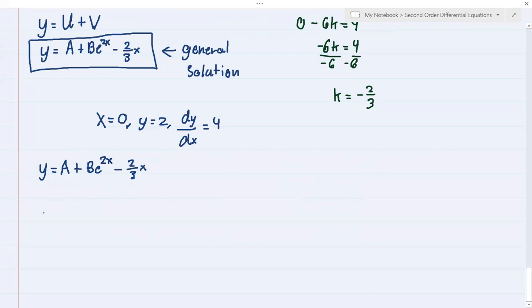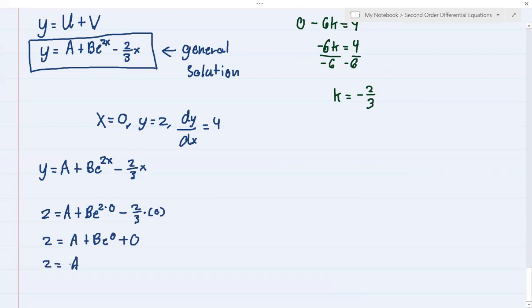So your y is equal to 2, so that's 2, is equal to a plus b times e raised to 2 times x, since your x is equal to 0, so this would be times 0, minus 2/3 times 0. So we will have 2 is equal to a plus b e raised to 0 plus 0.